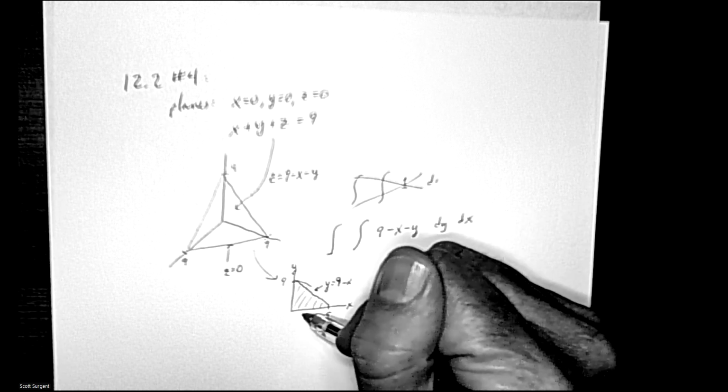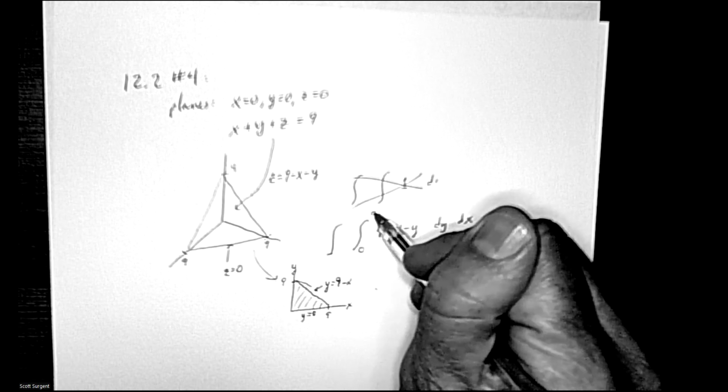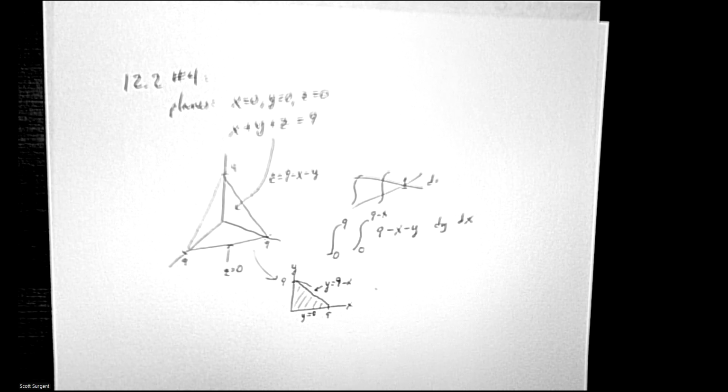So this is y equals 0 here. So you're just going from 0 to 9 minus x, and then 0 to 9 on the x-axis. That would be the setup. And that will find you the volume. I'm not going to work it out because I just wanted to show you the setup.